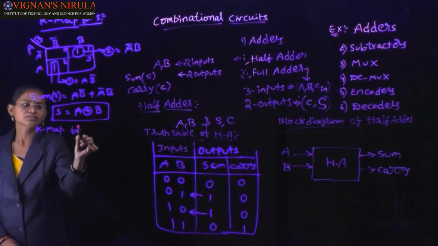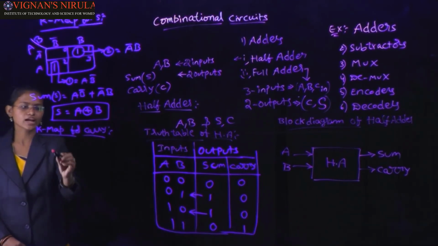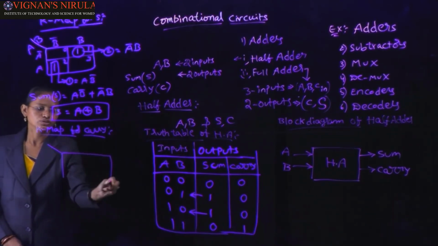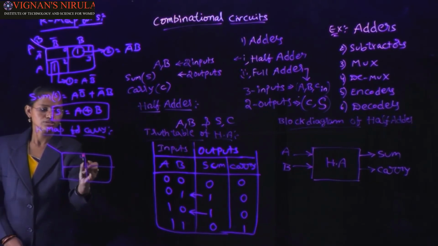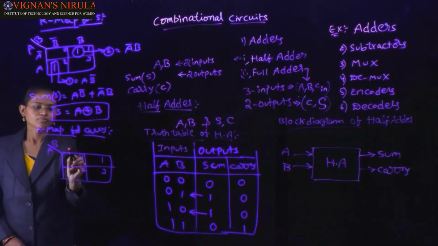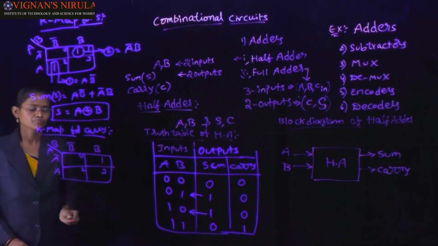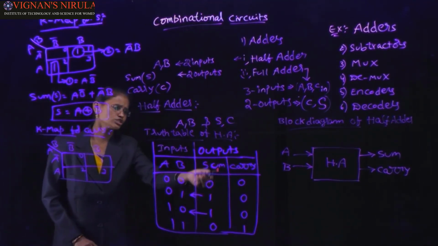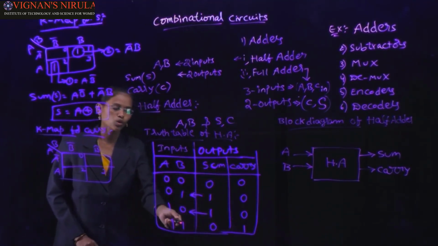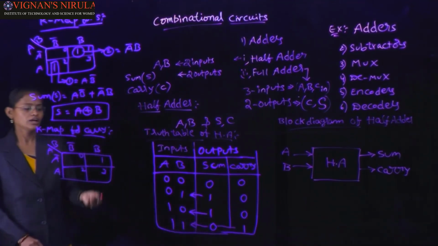K map for carry. Here also we are using 4 cells, 0, 1, 2, 3. This is A, B. We can also write this as A and this as B. This is B bar, B, and this is A bar, A. In the truth table the 1 appears only at cell 3.